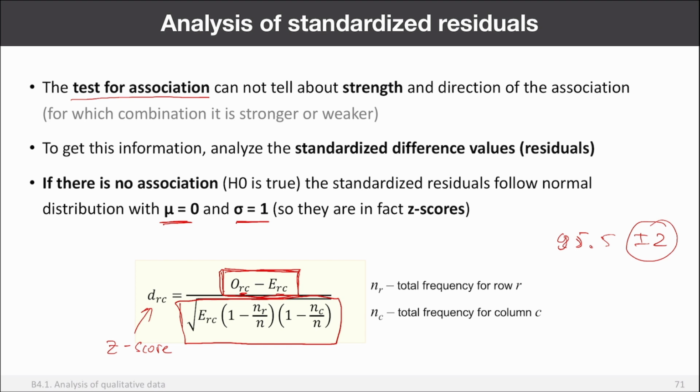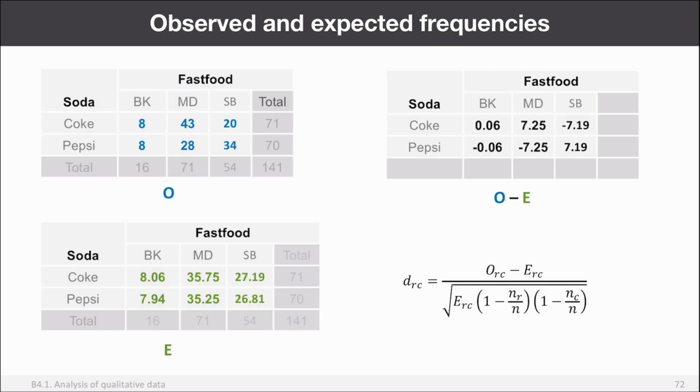So again, let me show you an example. These are the observed frequencies, the expected frequencies, and the difference between observed and expected frequencies that we calculated. For example, if you see this RC, it means one particular row and one particular column. For example, to calculate D11, we need to take this one, right? First row, first column, and that will be only the difference.